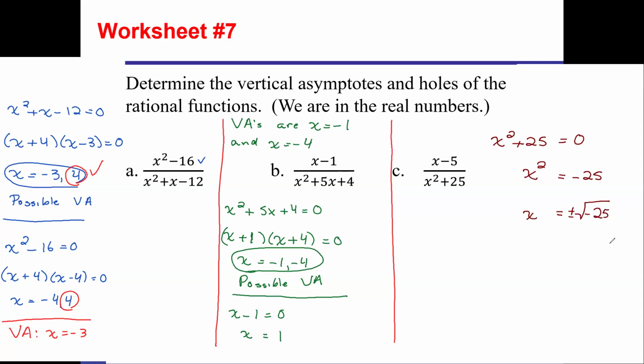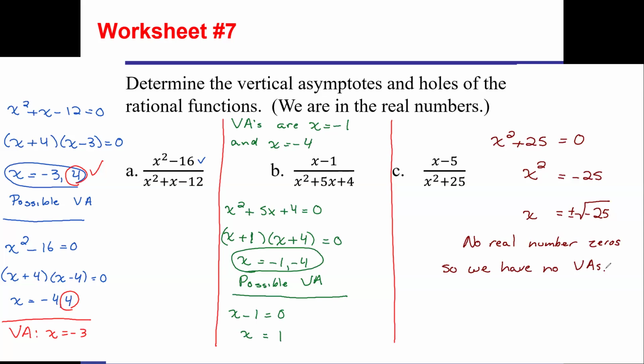So I have no real number zeros here. So we have no vertical asymptotes.